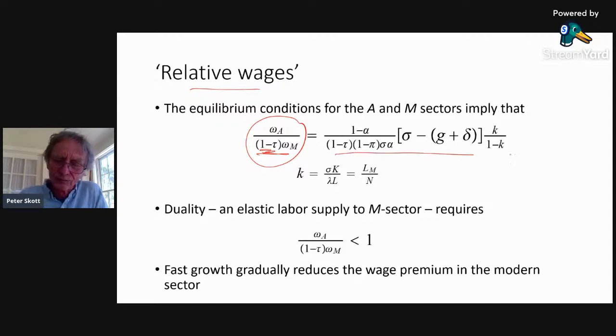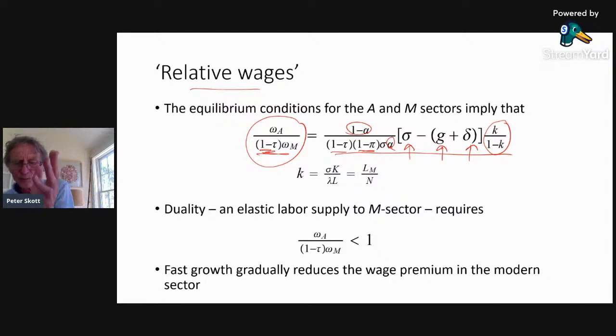And you can now derive this equation. I won't do it here, but what you have is the output-capital ratio, the target growth rate, the depreciation rate, and then you have demand composition parameters, tax rates, the income distribution, and then here you have a term in K, and that's basically a measure of the size of the formal sector.